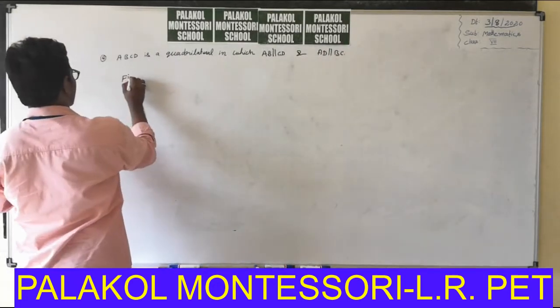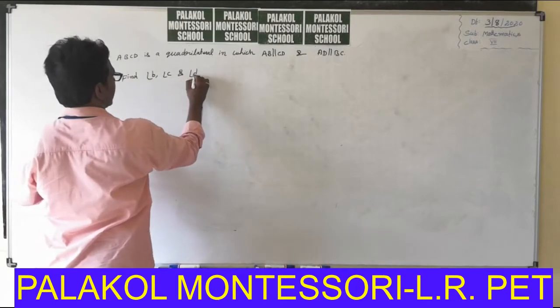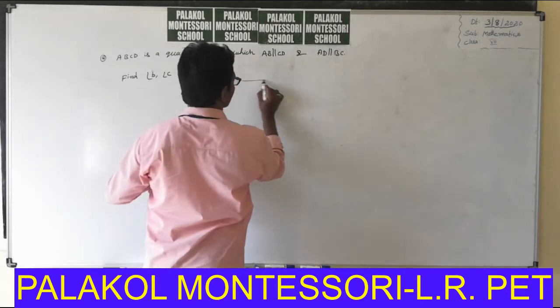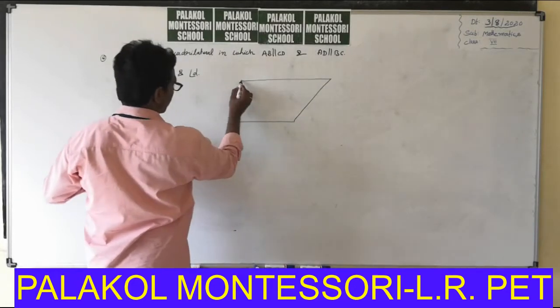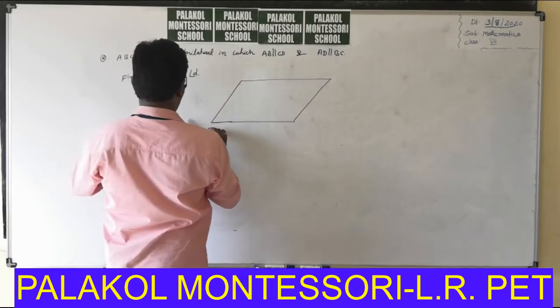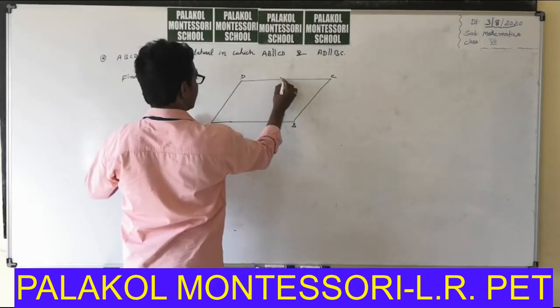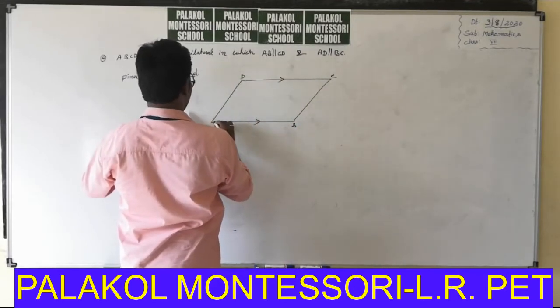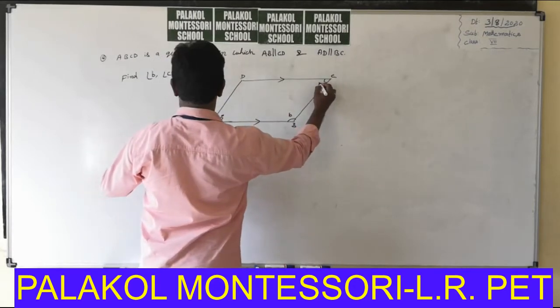Find angle B, angle C and angle D. ABCD, this is 50 degrees.